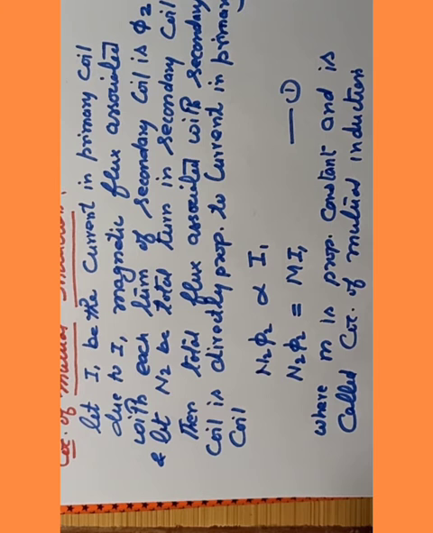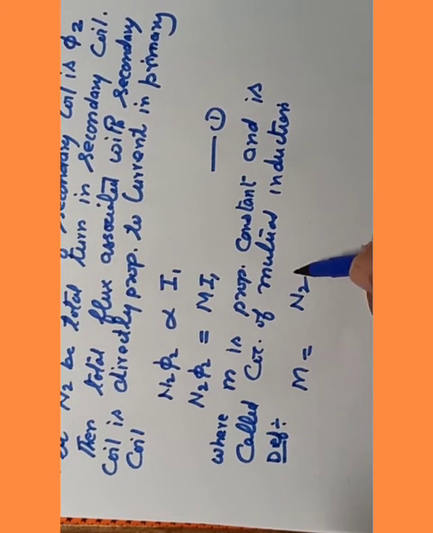Okay, we can define it like this: M equals N2 phi 2 upon I1.